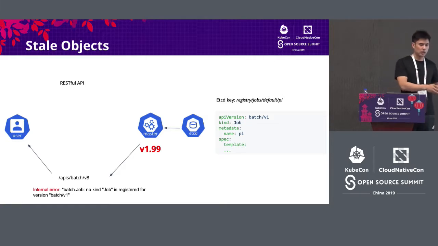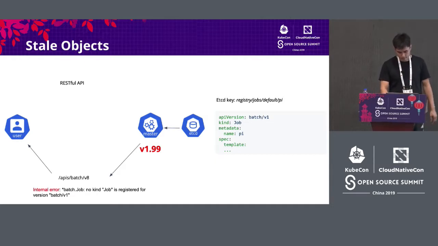And when we upgraded the API server to 1.5, extensions v1beta1 job was already removed. That's why the API server starts crash looping, complaining about those stale objects. So this can happen to any cluster.